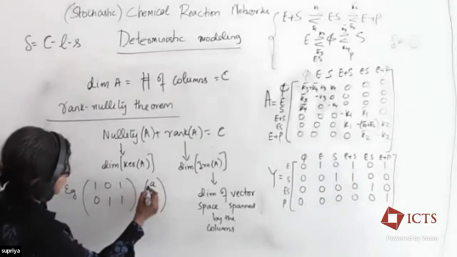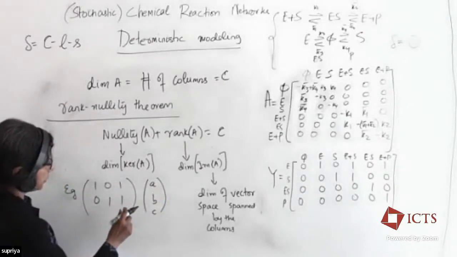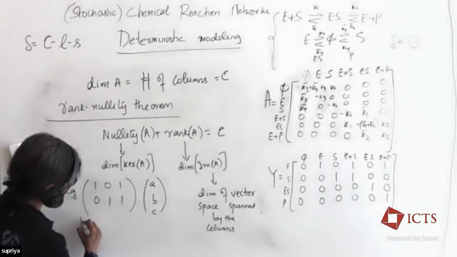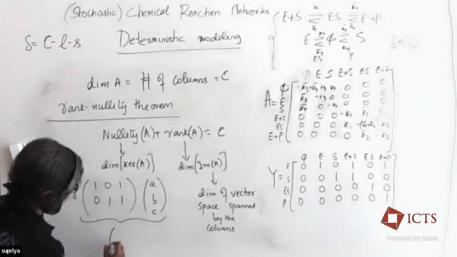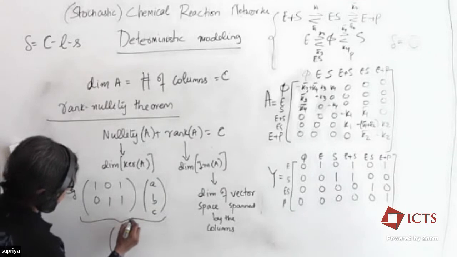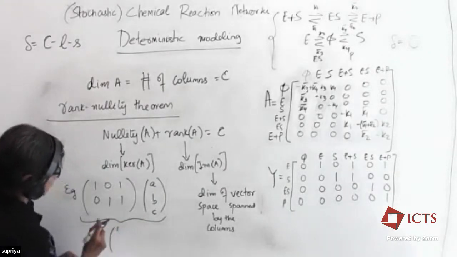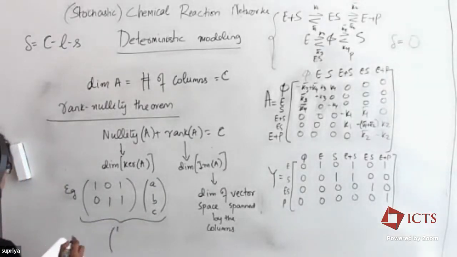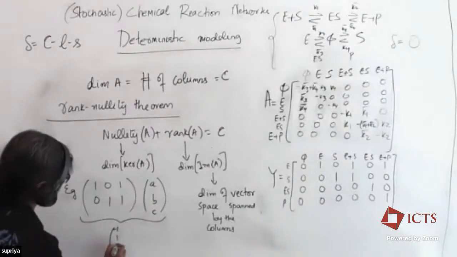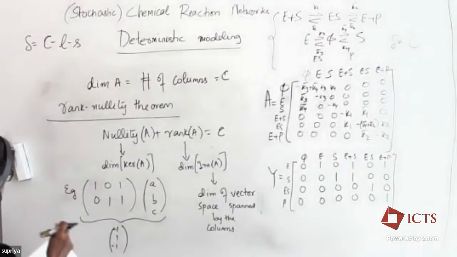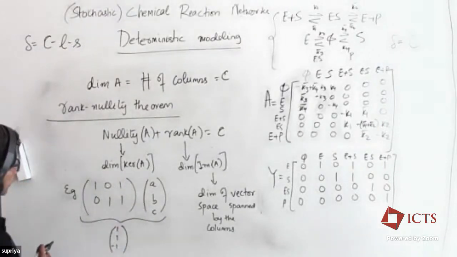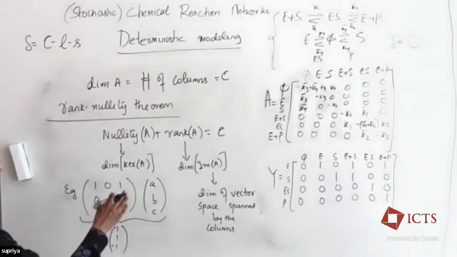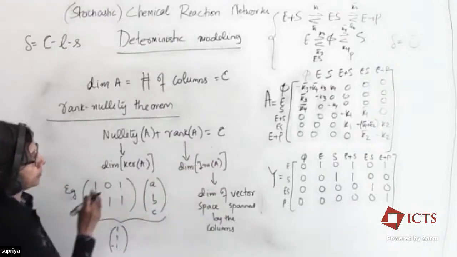And the kernel of A. Maybe I should take this example for the kernel of A. You can convince yourself that it's just one vector here, 1, -1, 1. Maybe that was not very clear, so let me explain that a bit more.